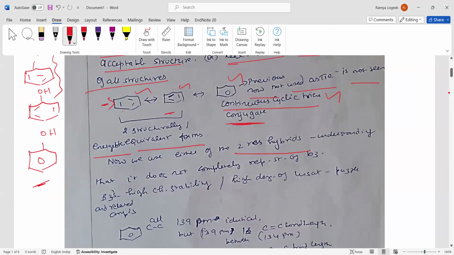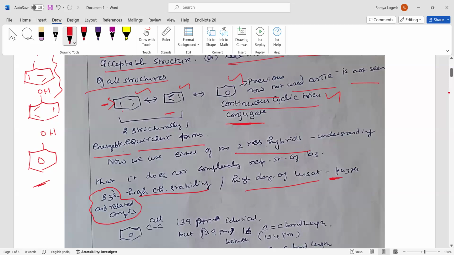And this is the reason why benzene has high chemical stability and a high degree of unsaturation, which is a puzzle. Whatever benzene and its related compounds you take, it could be an alkylbenzene, anything, they are highly chemically stable, and they have a high degree of unsaturation as well. That remains a puzzle.